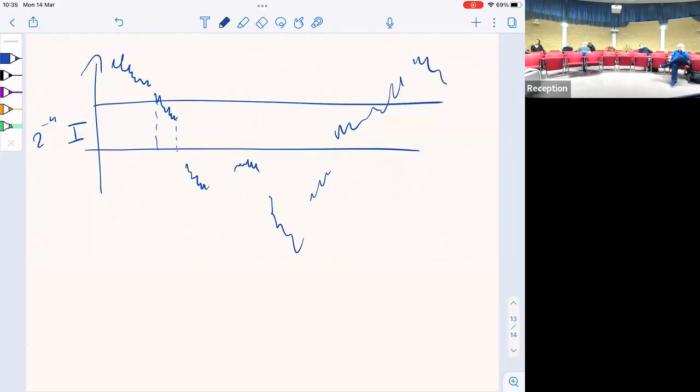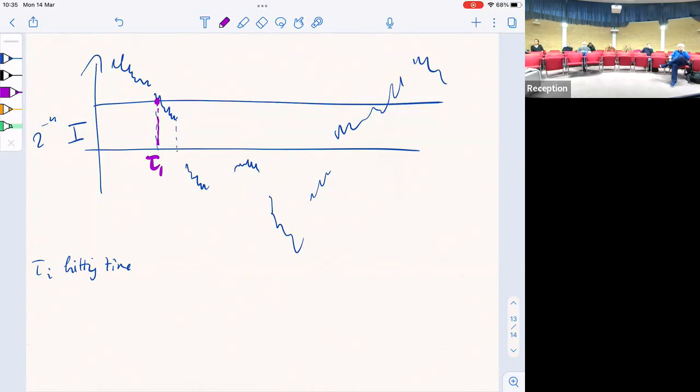So analogously, I'm going to define these hitting times, tau i, hitting times. Instead of defining in mathematical words, I'm going to just do drawing again. So the first time it hits should be here. This is my tau 1, and then I'm going to need an interval to cover it, of course.